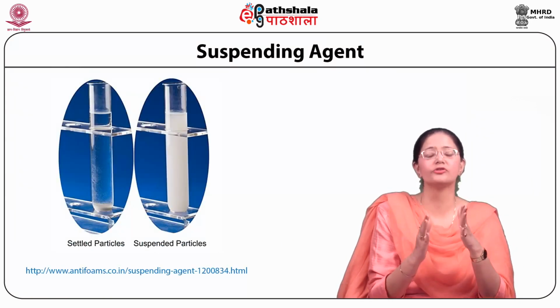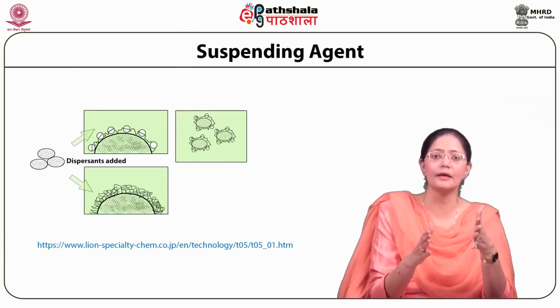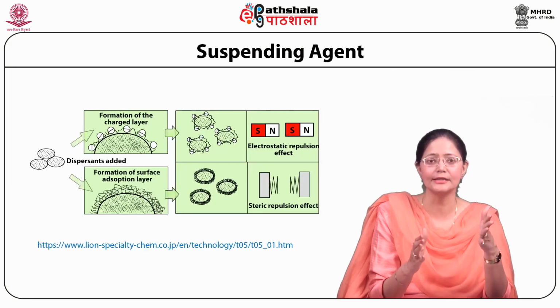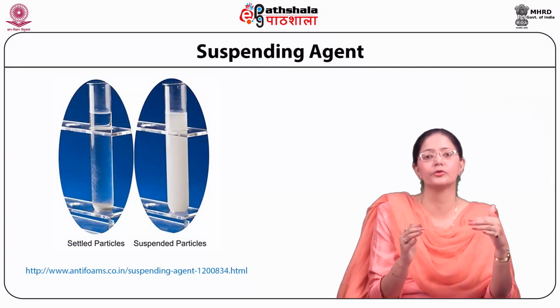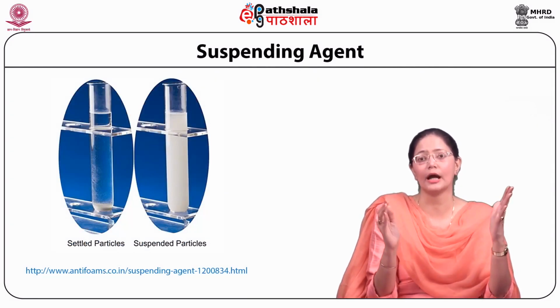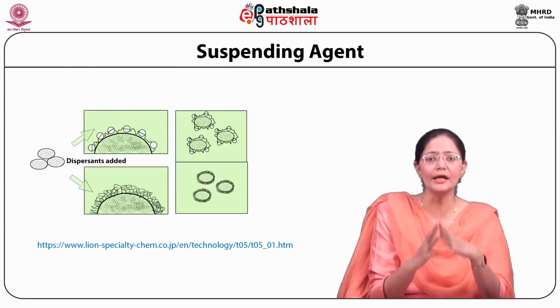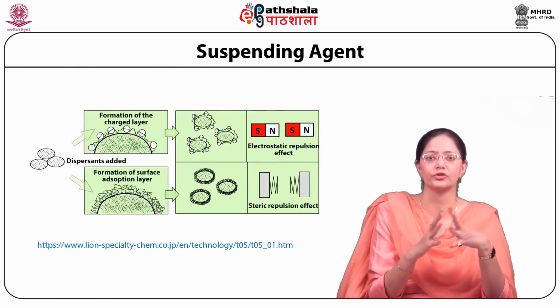The process of dispersing proceeds with three basic steps. In the first step, there is a wetting of pigment agglomerates. The second step involves the de-agglomeration of pigment agglomerates. And thirdly, there is a stabilization of the resulting dispersion against flocculation.